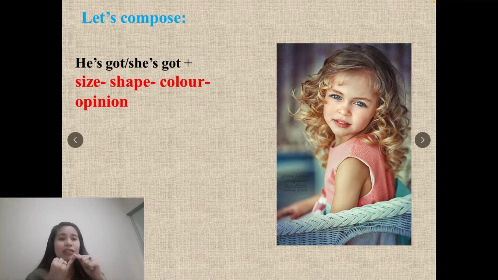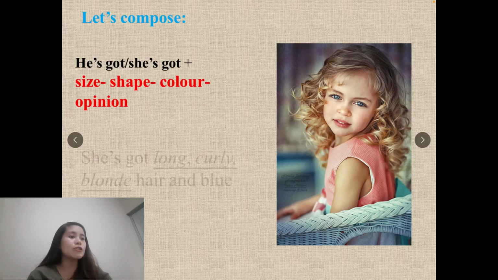For the size we have long and short. In the shape we have straight and curly. And then the color we have black, blonde, blue, brown. Okay, so that is when we describe a person. So always remember the size first, the shape, and the color.